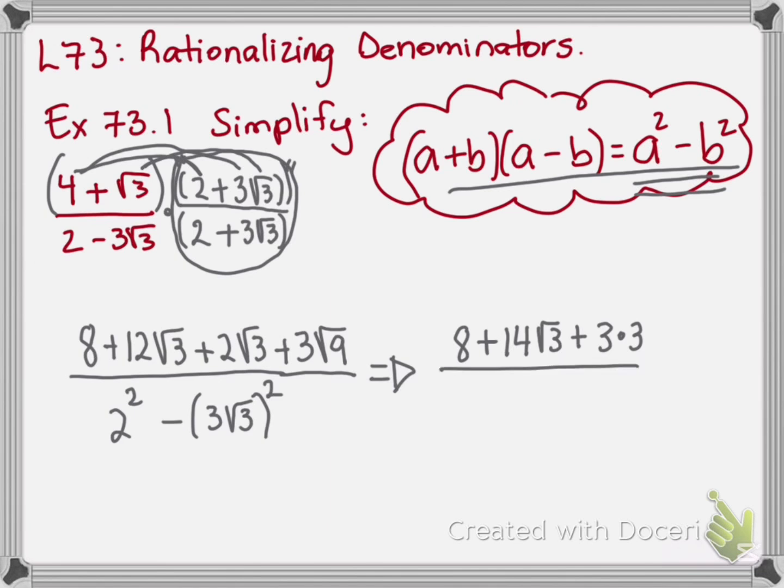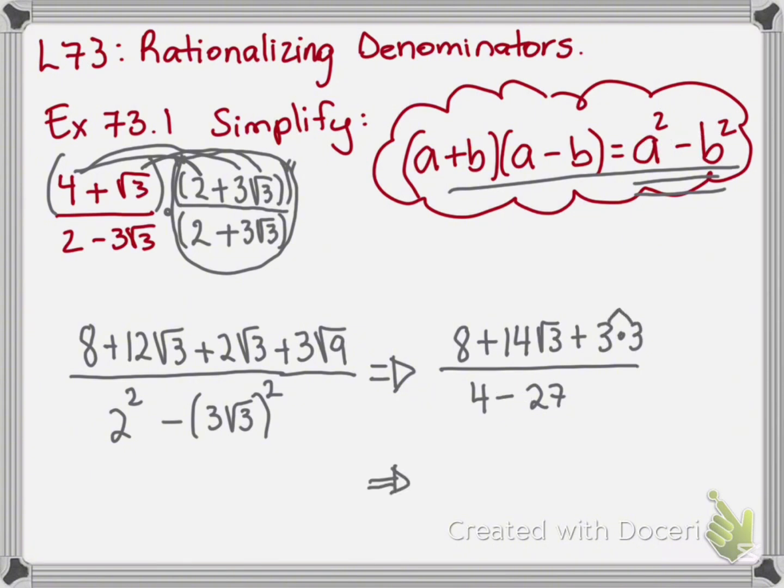So we have 2 squared, which is 4, minus 3 squared is 9. And then the square root of 3 squared is the square root of 9, which is 3. So it's 9 times 3, 27. Now remember, this is always a minus because of the formula here. It's always a difference.